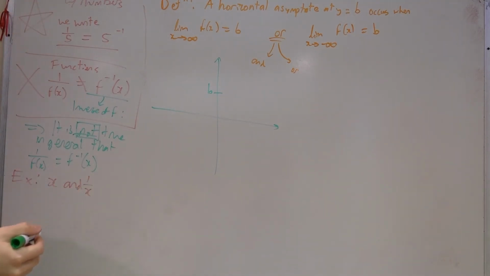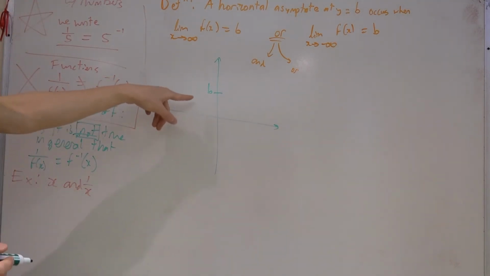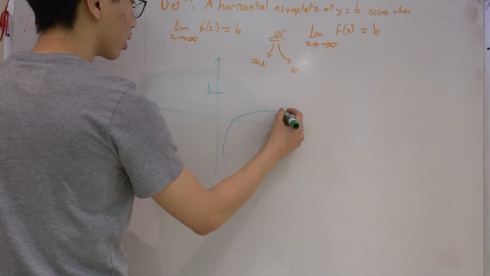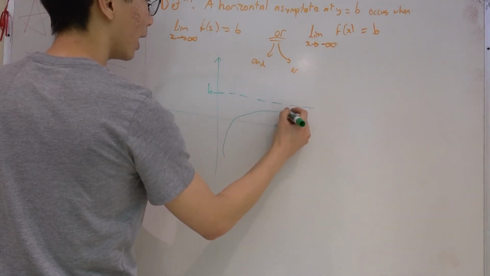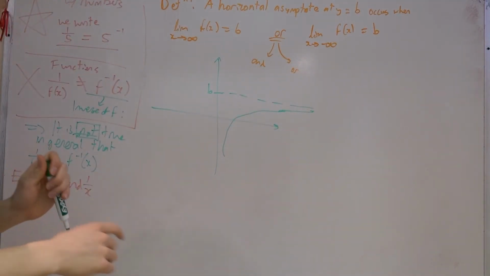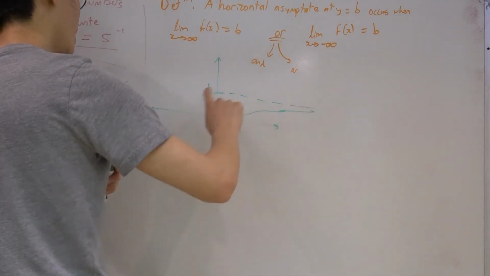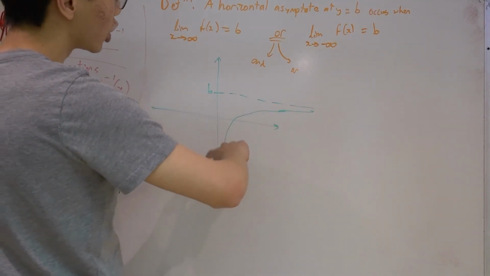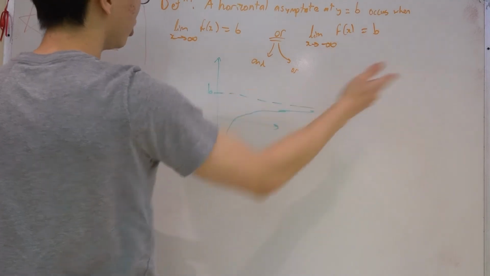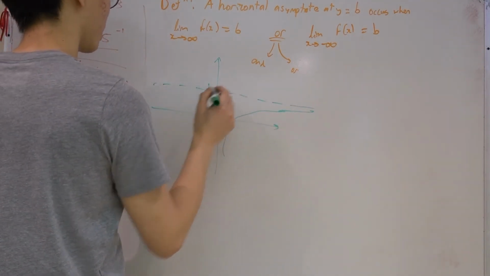A horizontal asymptote at b occurs when the function gets closer and closer to b as x becomes really big. And we will draw this dotted line to indicate that the function will never actually cross the line. It will just get infinitely closer to it and never touch it.